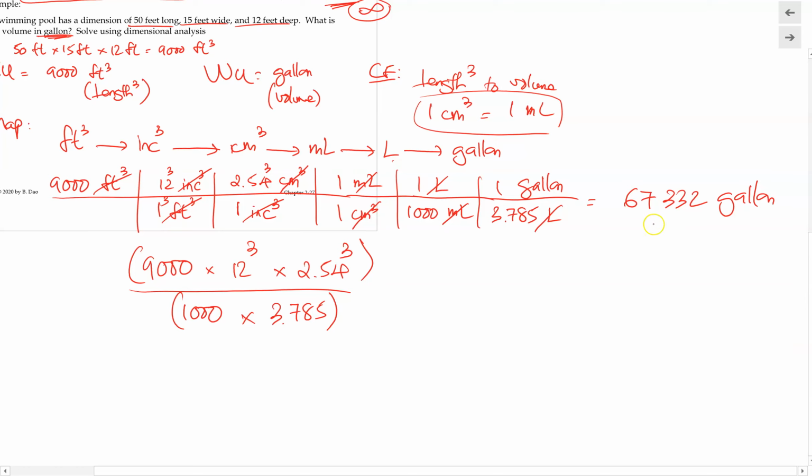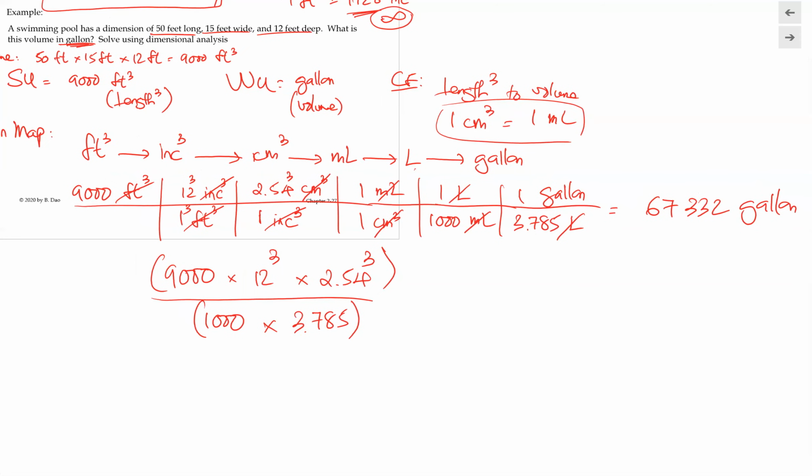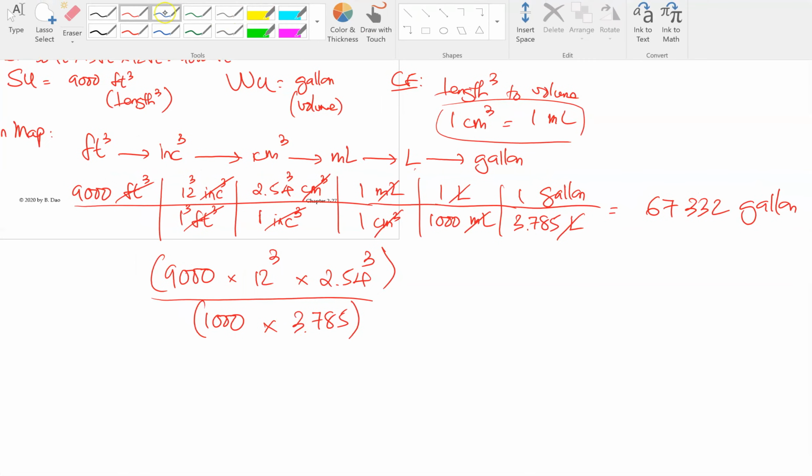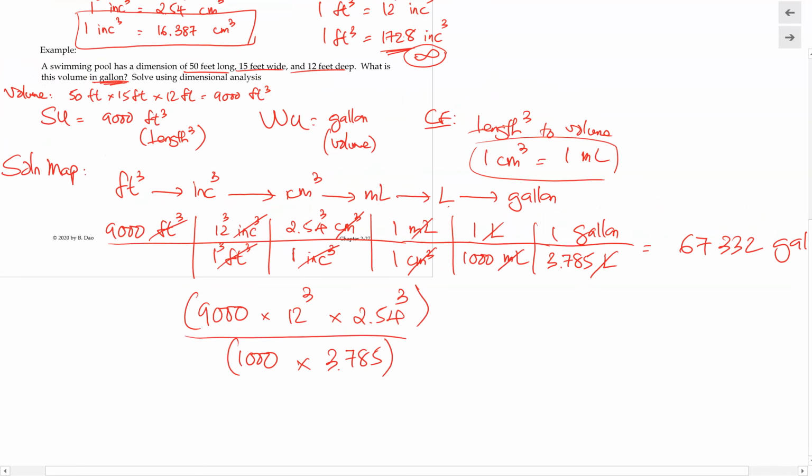And now let's talk about the rounding of this value. How many significant figures should we round this answer to? Going back all the way to this first problem, this value 9,000, how many significant figures does it have? The answer is actually 2, even though we write it as 9,000. We're supposed to write it as 9.0 times 10 to the third, because it comes from this volume calculation right here, 50.